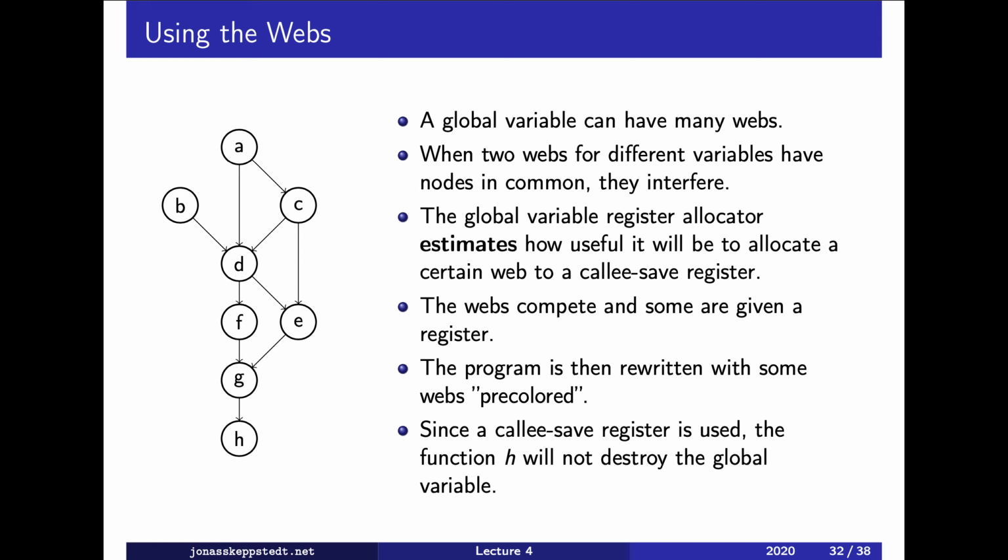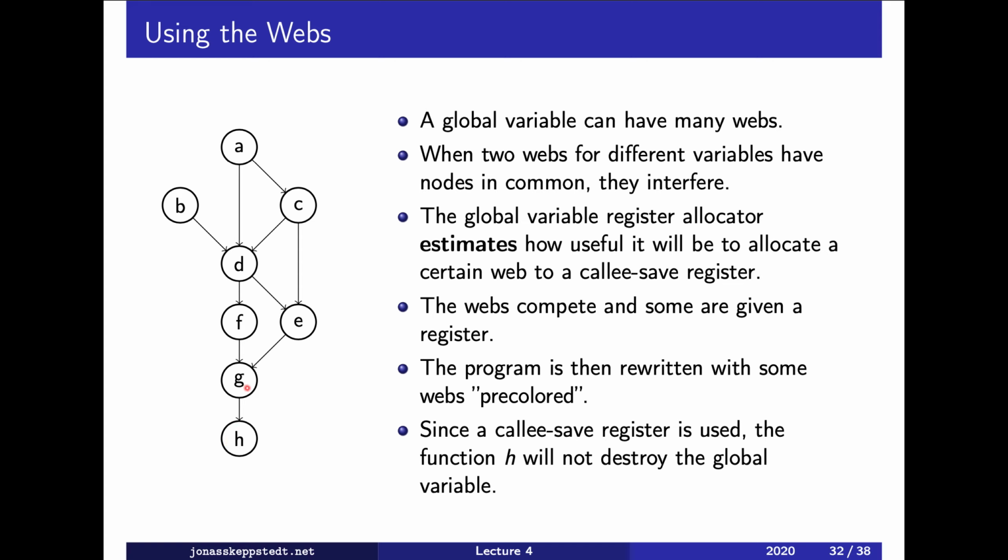So why is it a good idea to use callee save registers? Well, function h does not have to know about this variable that used a register in the rest of this part of the call graph, since if h modifies the register that x is allocated to, then it has to restore it afterwards.